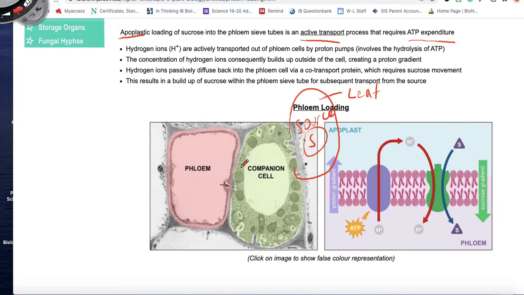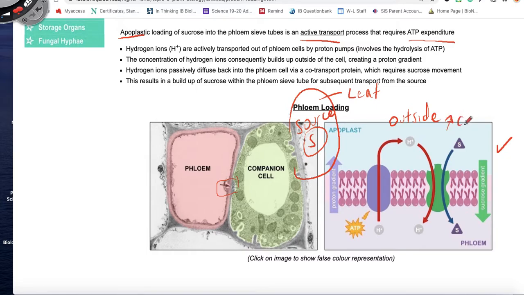So we're not really going to be looking at how the sugar can just diffuse through the plasmodesmata. Now we're going to see how that sugar is going to be actively transported through the cell membrane and that cell wall. Okay, so this right here has been magnified to look like this. So this is the interior of the phloem, and this is the outside that leads to the companion cell.